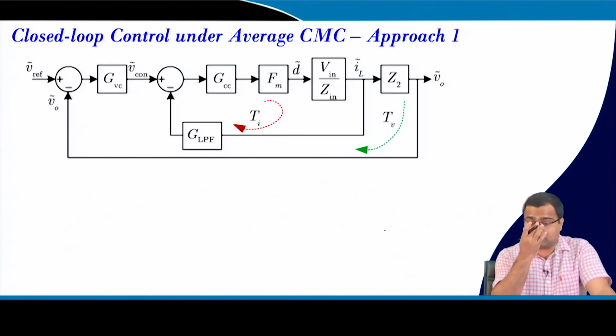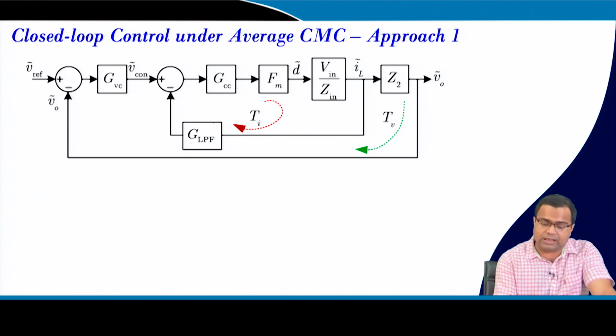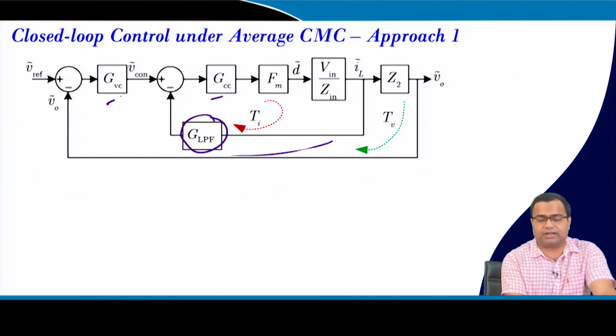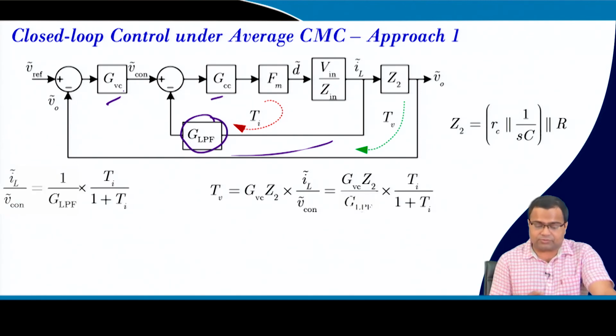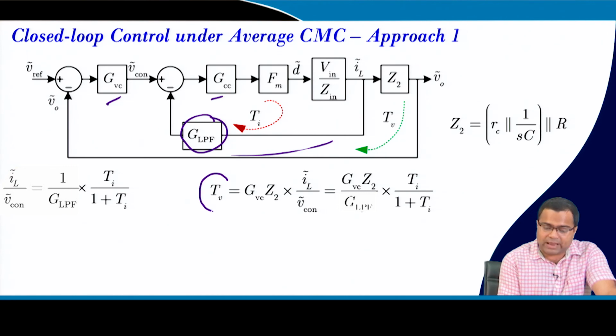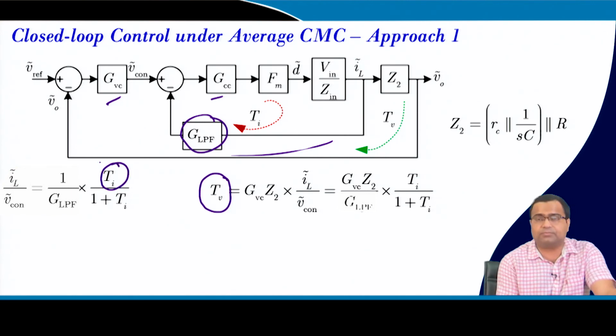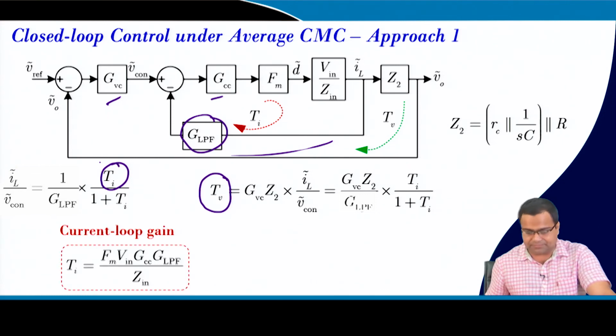So, because it is a two loop control, in the inner loop we have this low pass filter and current controller, and in the outer loop we have a voltage controller, right. So, we can derive the loop gain of the outer loop TV, and the loop gain of the inner loop, that we have discussed in the previous slide.